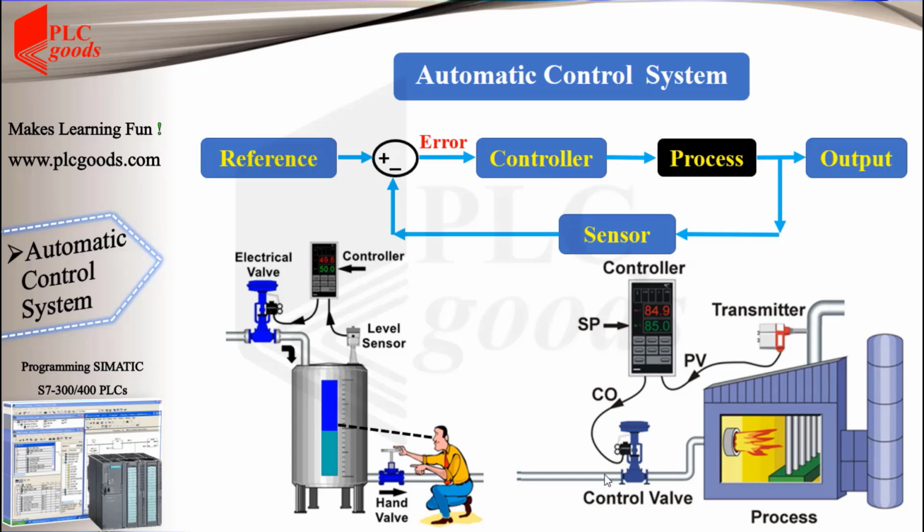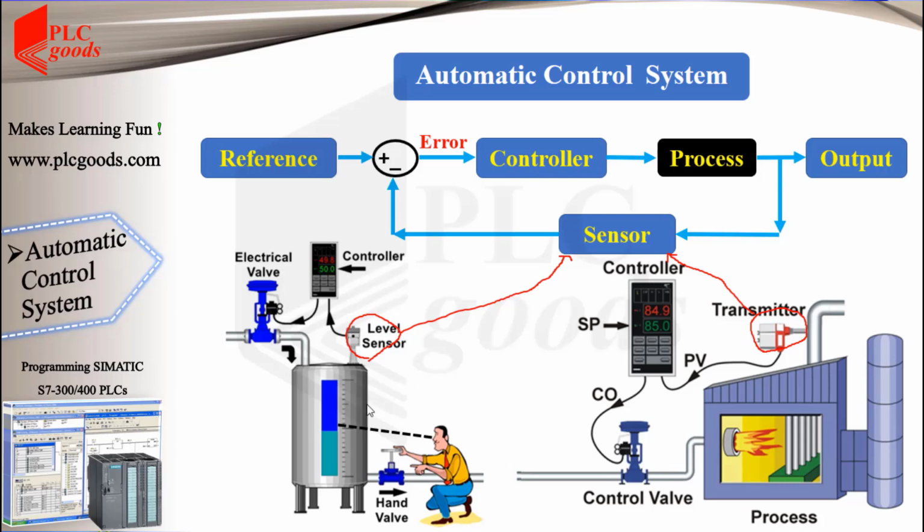As an example, as illustrated on the bottom right side, the temperature of the furnace is measured by a sensor and fed to the controller as the PV value. Or the water level of the tank is measured by a level sensor and fed to the controller.